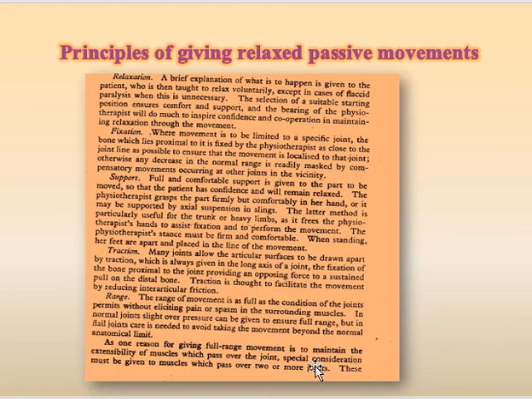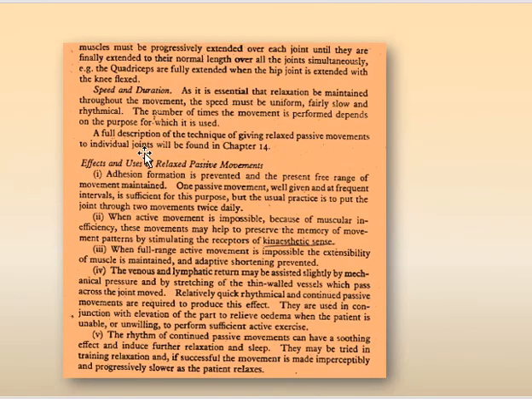As one reason for giving full range movement is to maintain the extensibility of the muscles which pass over the joints, special consideration must be given to muscles which pass over two or more joints. Muscles must be progressively extended over each joint until they are finally extended to their normal length over all the joints simultaneously. For example, the quadriceps are fully extended when the hip joint is extended with the knee flexed.